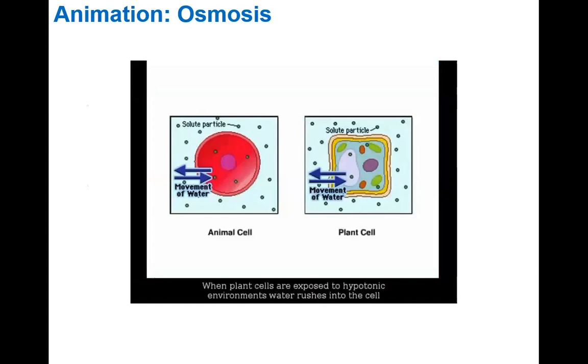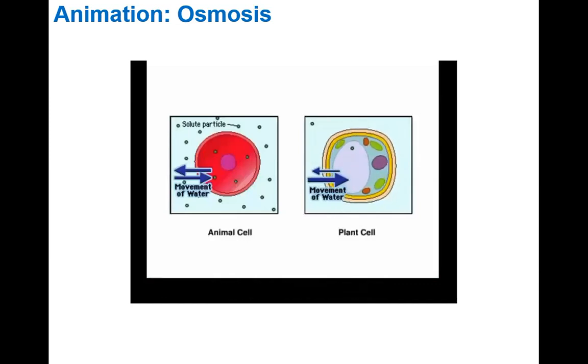When plant cells are exposed to hypotonic environments, water rushes into the cell, and the cell swells, but is kept from breaking by the rigid wall layer. The pressure of the cell pushing against the wall makes the cell turgid and is the desired state for most plant tissues. For instance, placing a wilted celery stalk or lettuce leaf in a hypotonic environment of pure water will often revive the leaf by inducing turgor in the plant cells.